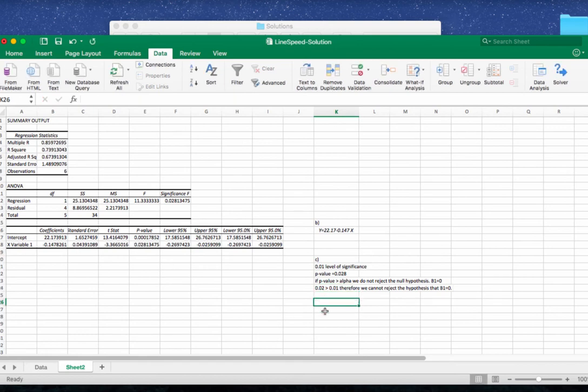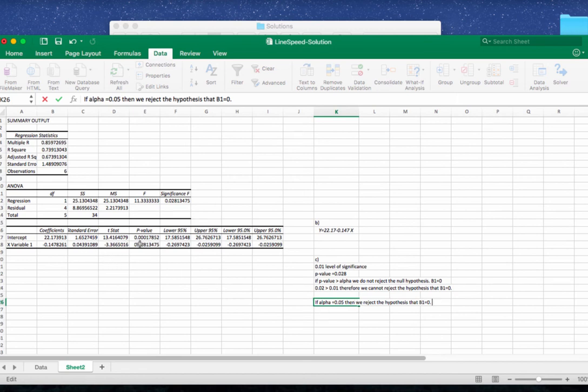So in part C, if alpha was equal to 0.05, then we reject the hypothesis that beta 1 equal to 0, which means that we accept the relationship between the two. So that's the hypothesis test for part C.